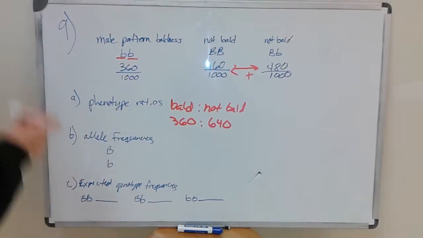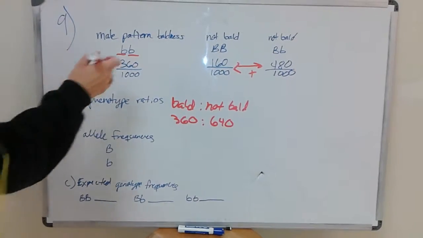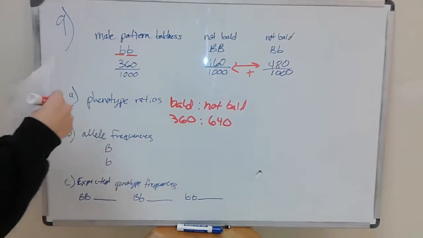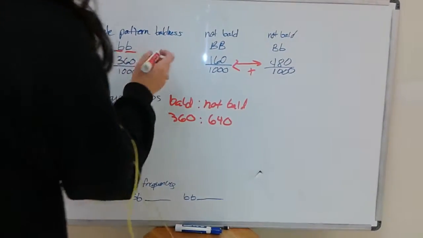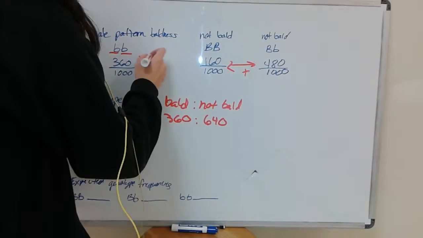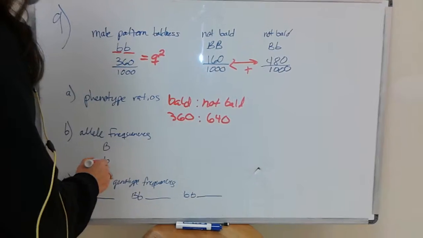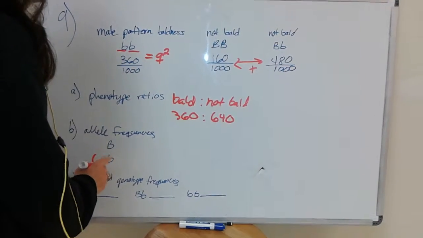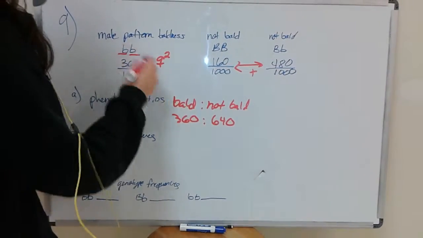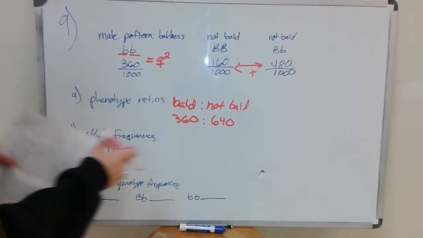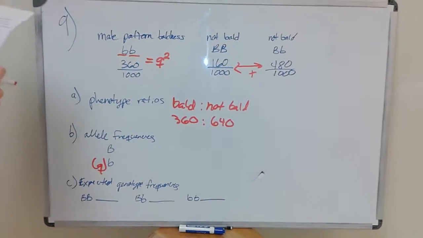Now for allele frequencies, because we understand that this is a homozygous recessive trait, this is already q squared. So in order to find q, which is representative of little b, we simply have to divide this and then take the square root of that.